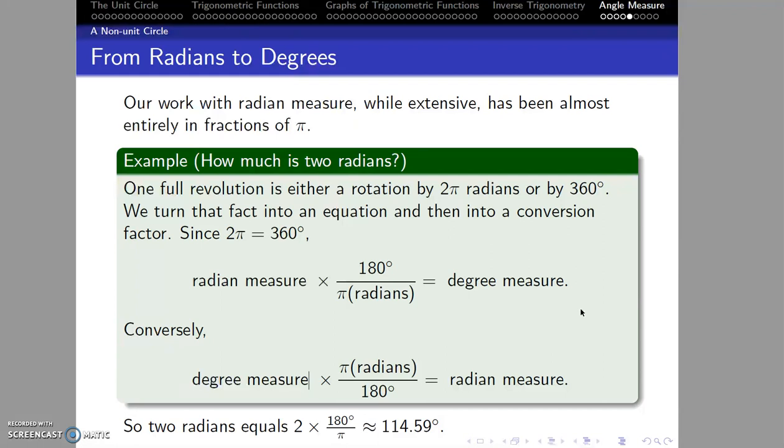That's a hard question to answer, but if I converted it into degrees, I get about 114.6 degrees. Now that is something I'm able to visualize. I can do fractions of pi all day with radians, but without pi in the mix, I don't immediately know what I'm doing. So degree measure might be better for that. So it's a situational issue, which to use.